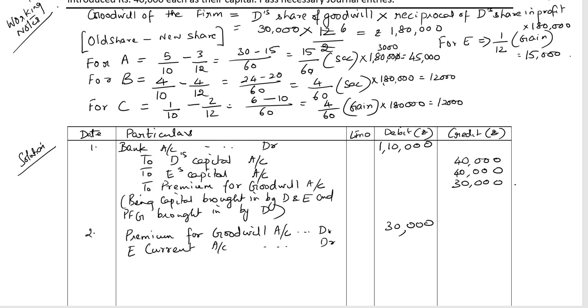So we've got the answer here. We've taken his gain, which is 1 by 12, and multiplied it into the goodwill of the firm, rupees 1,80,000. So we need to debit E's current account with rupees 15,000.